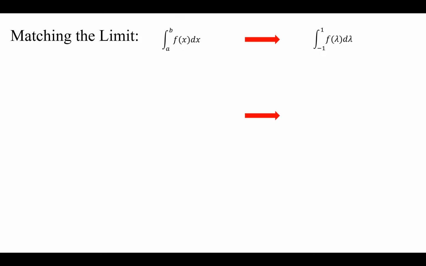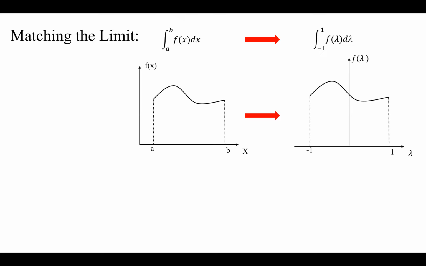But one thing that we talked about is matching the limit. If we have a function f(x) from a to b, and we want to move it to -1 to 1, then we have to do matching limits. So we are going to go from a function f(x) from a to b to f(lambda) from -1 to 1. Let's consider a linear relation between x and lambda. We know at lambda = -1, x is a.